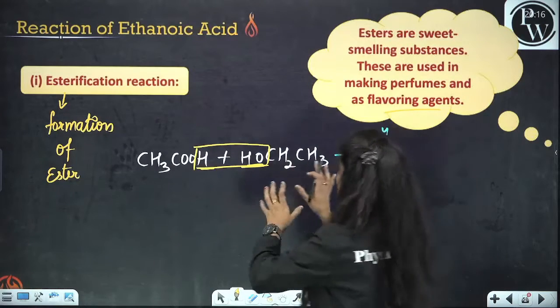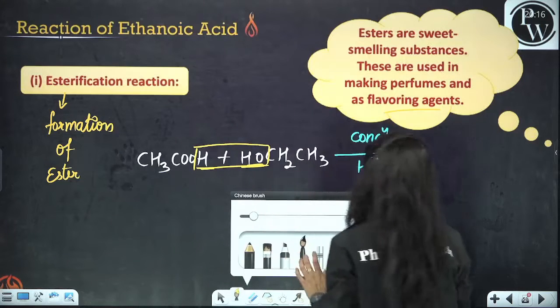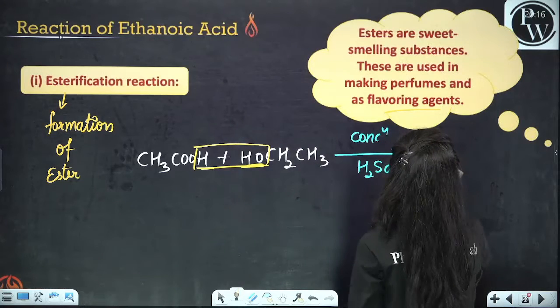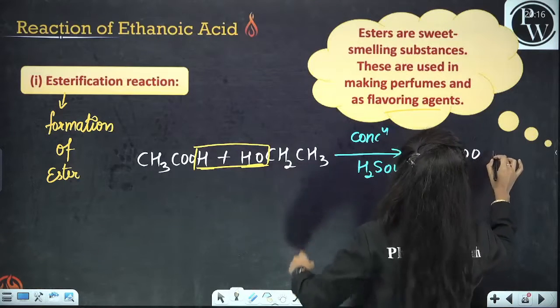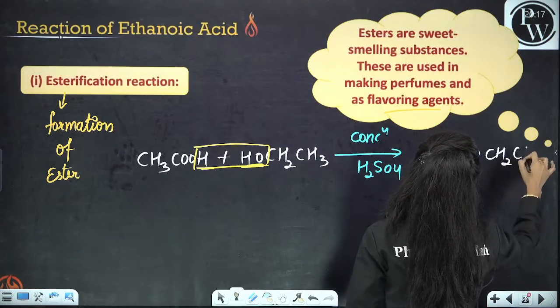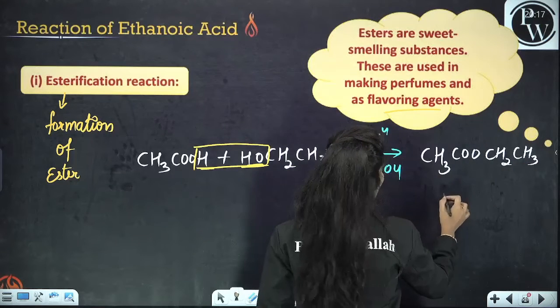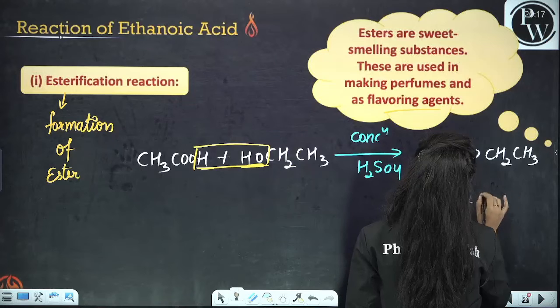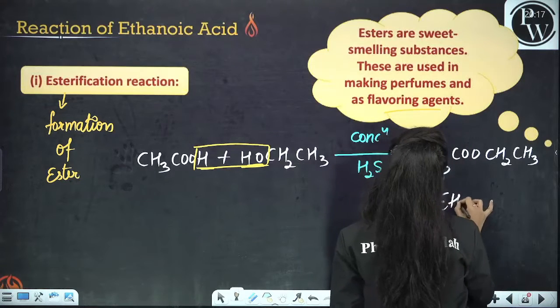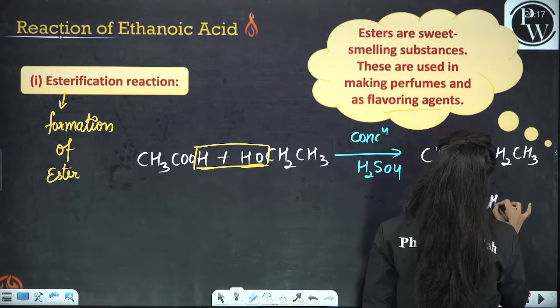Now whatever is left, just place them all together. CH3COO CH2CH3. What is it? It's your ester, ethyl ethanoate.